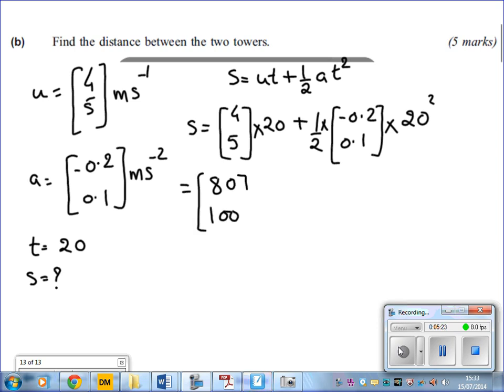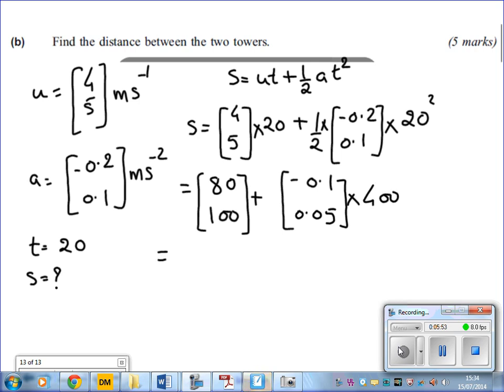We've done this bit. Plus half. There are various ways of doing it. You could do half times 0.2, which is 0.1, and there's a minus, so minus 0.1. Half times 0.1 is going to be 0.05, and times it by 20 squared, which is 400.